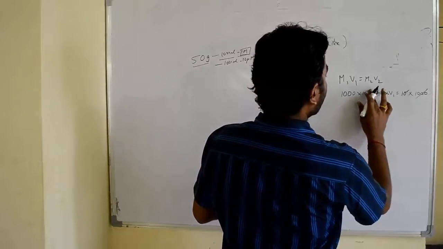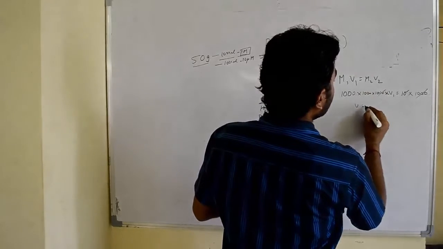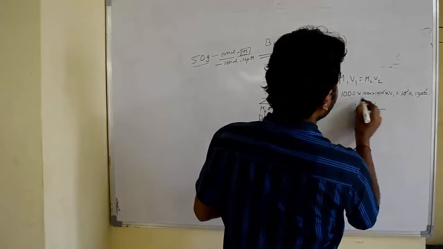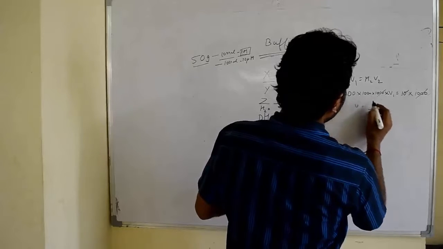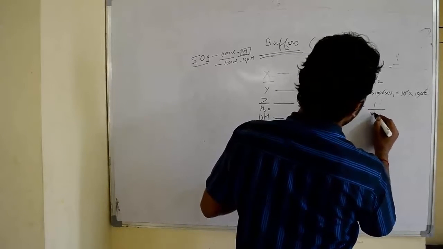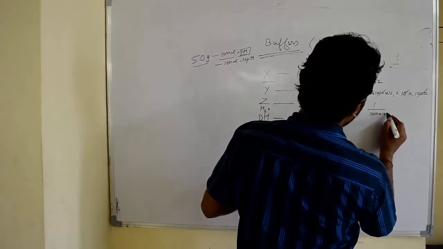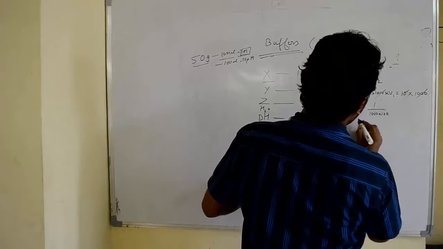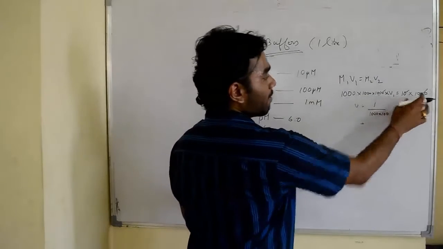10, 100. V is equal to 1 by 1000 into 100. So you are taking this in ml.